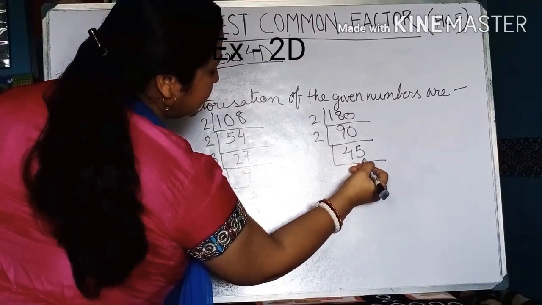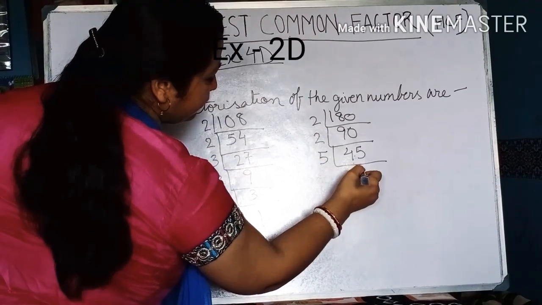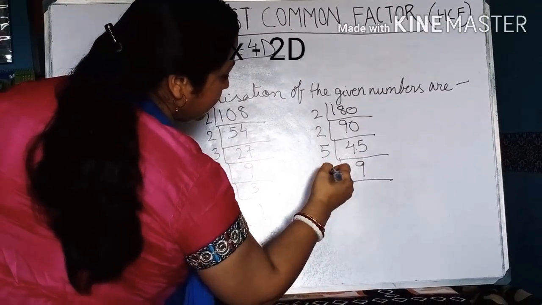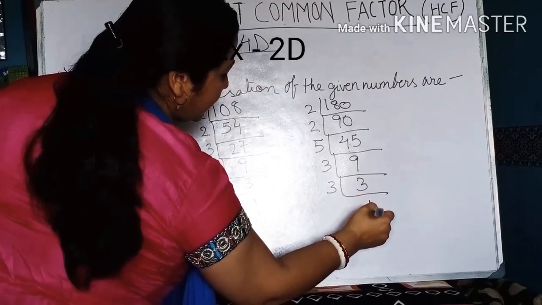It's ending, the last one's place is 5, so it is divisible by 5. 5 nines are 45, 3 threes are 9, and 3 ones are 3.